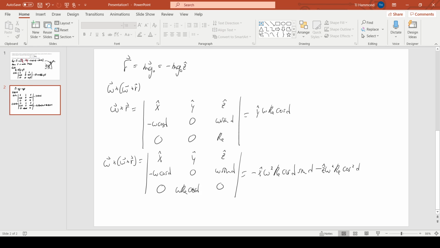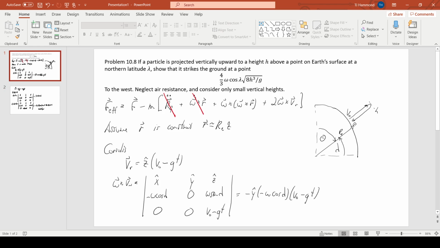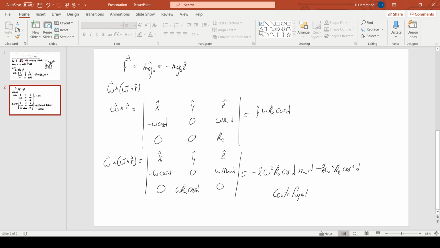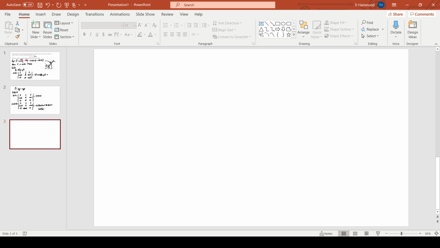Okay, so this is the centrifugal component, and this one here is the Coriolis contribution.